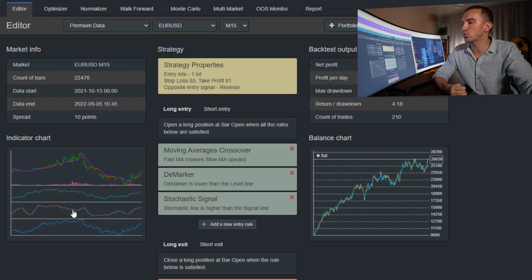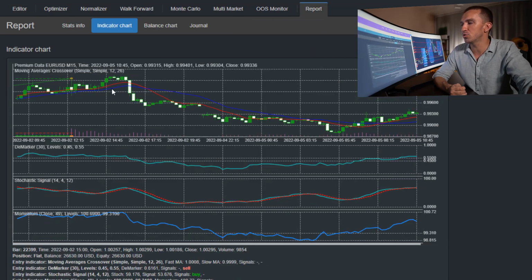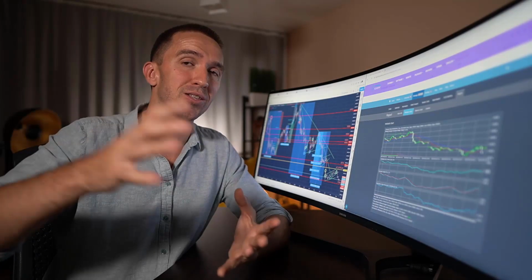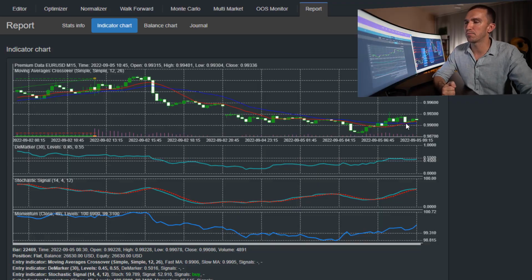If I go to the indicator chart, you will see the two moving averages right over here, and the fast one, the red one, is reacting faster to changes of the price, while the blue one is reacting slower. So whenever we have the red one crossing the blue one, or the fast one crossing the slow one upwards, it is time to buy, and when we have the opposite, it is time to sell.